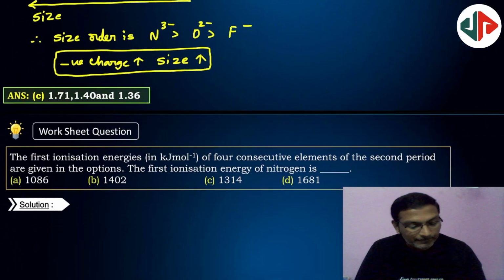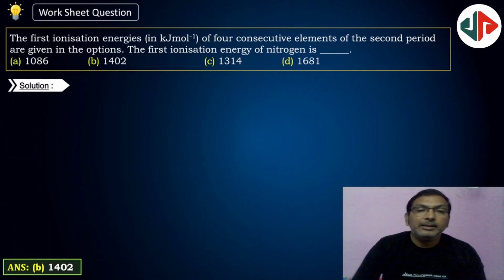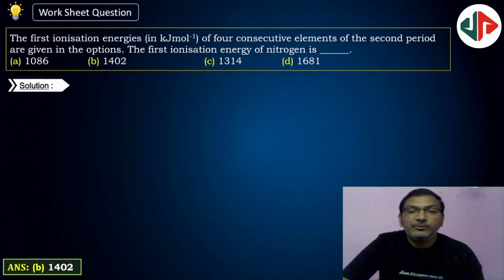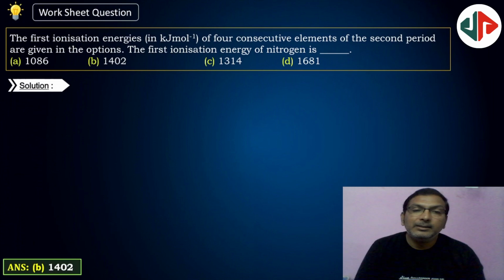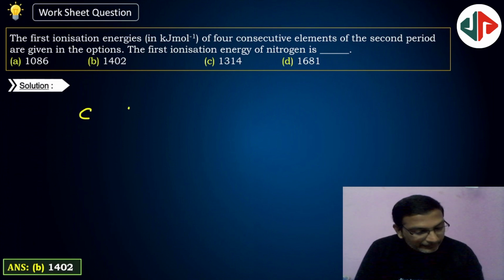Next one. So here first ionization energies of 4 consecutive elements of second period are given. The first ionization energy of nitrogen. So here given values belong to carbon, nitrogen, oxygen and fluorine.